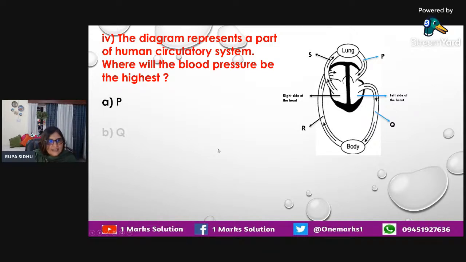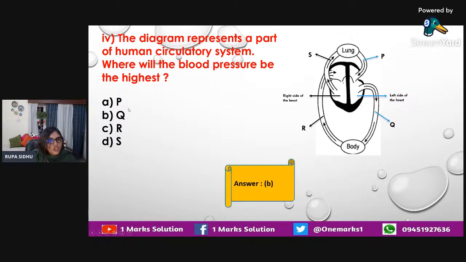So it's like P, Q, R, and S. The correct answer should be Q, because this is the aorta, and then the aorta divides and supplies to all parts of the body. The right answer should be Q. The highest blood pressure is when the left ventricle pumps the blood into the aorta. Right?